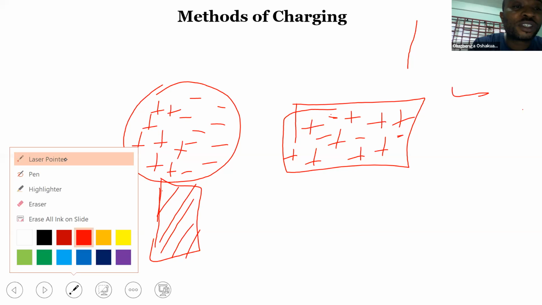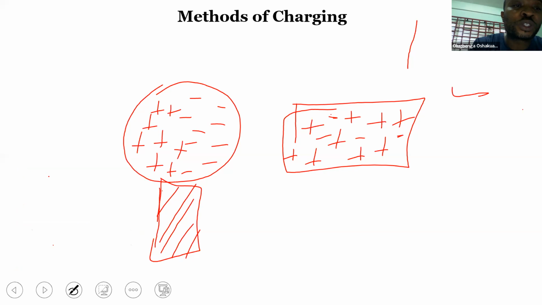When you touch it, this is how we can say that you have grounded it. This is the symbol for ground in electricity. What happens when you ground it is that electrons would flow from the ground and come in here in an attempt to neutralize the excess positive charges at this end.